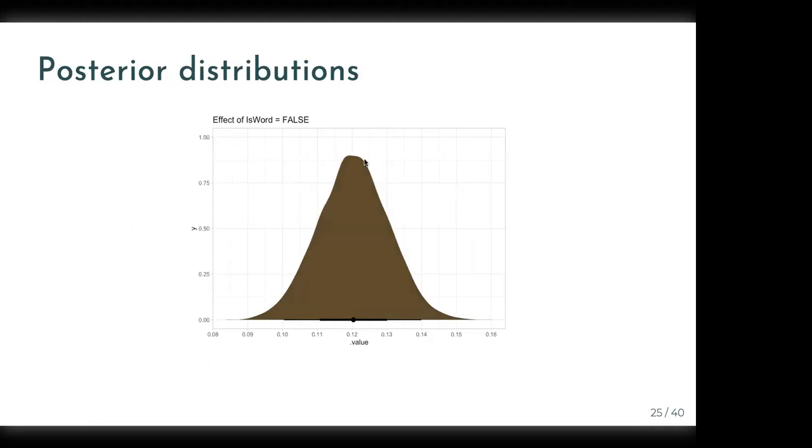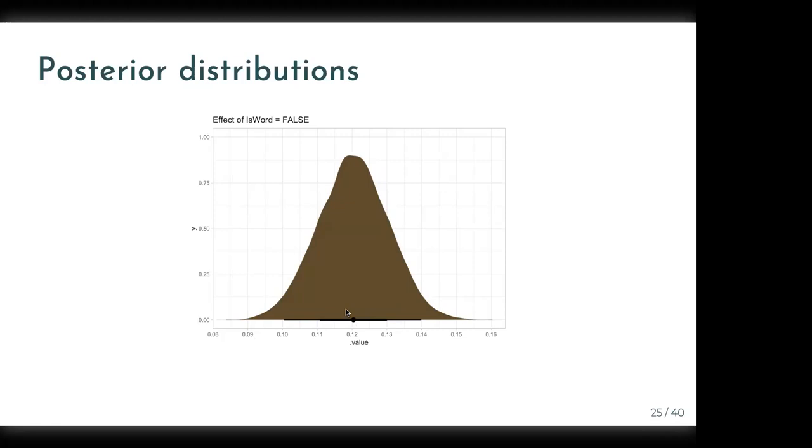So this is basically plotting the posterior probability of the effect of is word when is word is false. And this is basically what you have to add or subtract to the intercept to get the actual value for when is word is false.